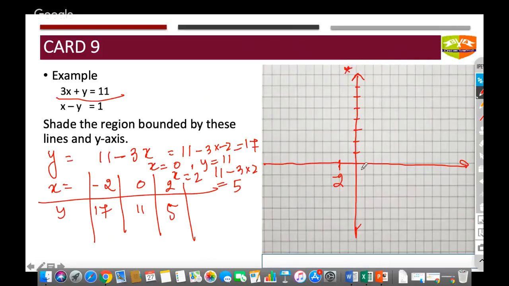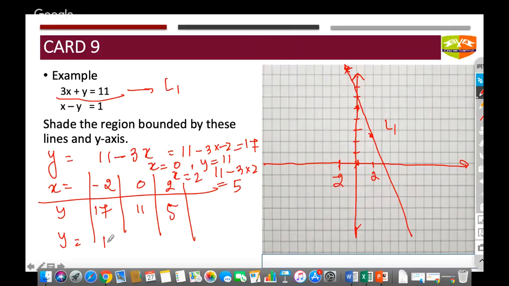Then at x is equal to 0, y is equal to 11, so somewhere here. And at x is equal to 2, I'll have y is equal to 5, so somewhere here. So I'm getting one line like this, which is my line L1.